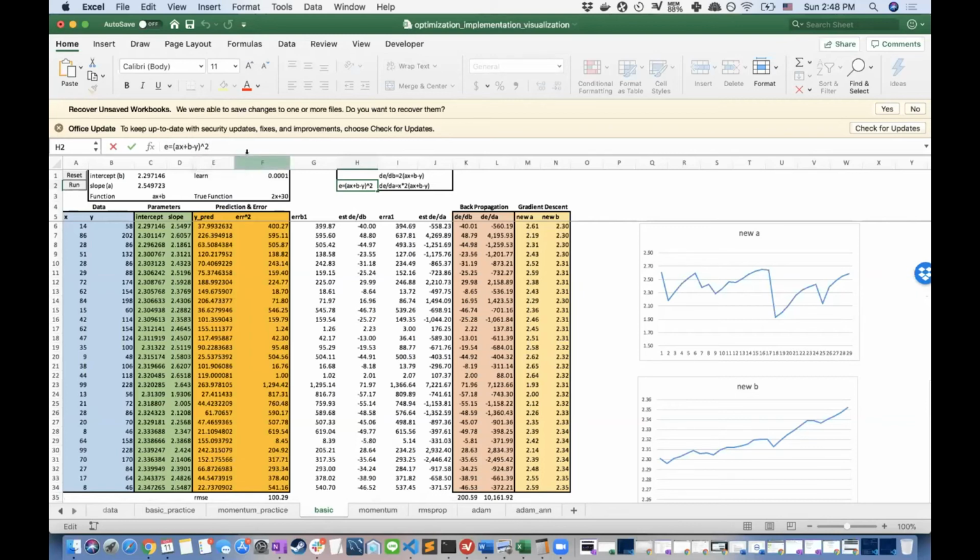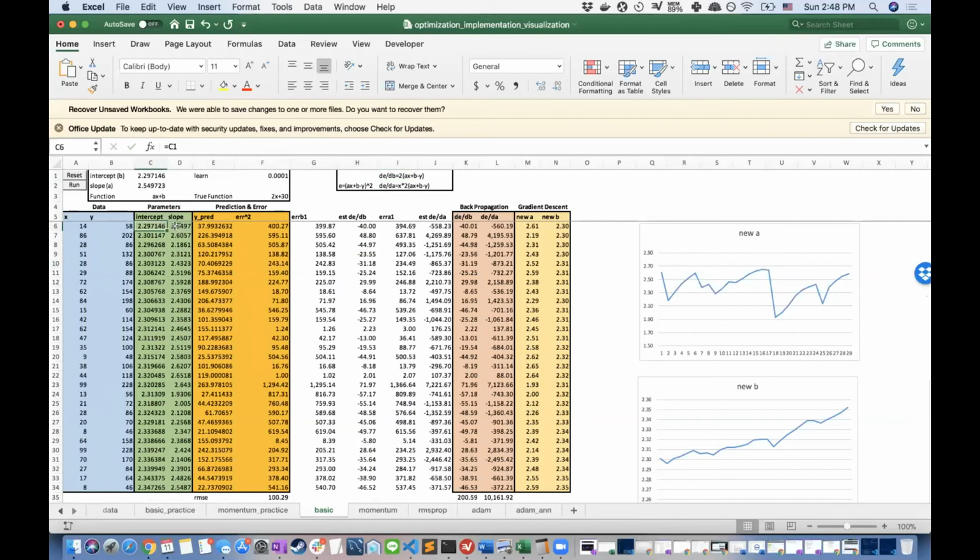That's your error, your sum of squared errors and total loss. Using that to calculate the derivative with respect to your b and a, and that's how you calculate it. And these are your data points, okay?